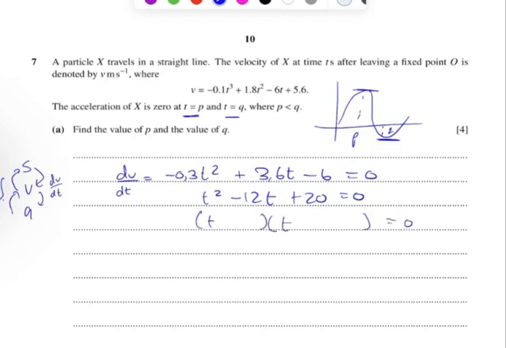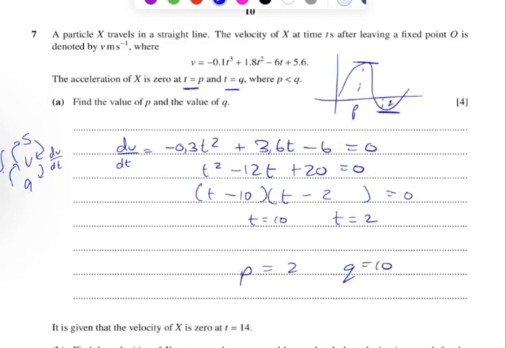I'm seeing 10 and 2. Okay, so 1 is 10 and 1 is 2, so it's the smaller one. P must be equal to 2 and Q must be equal to 10 because P is less than Q. Okay, so that's quite simple, but you do have to understand how the graphs work in terms of differentiating.